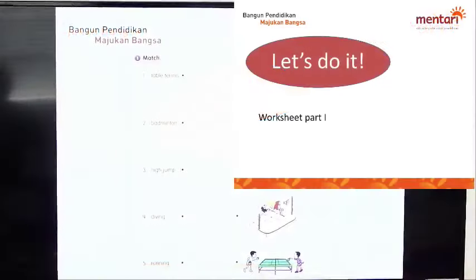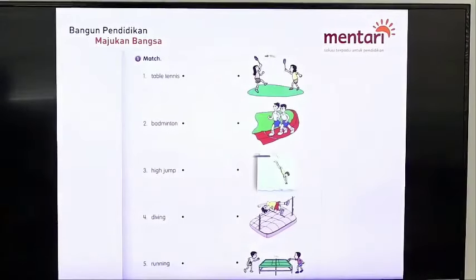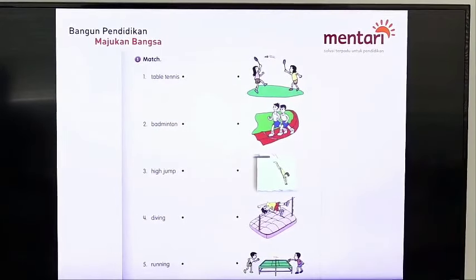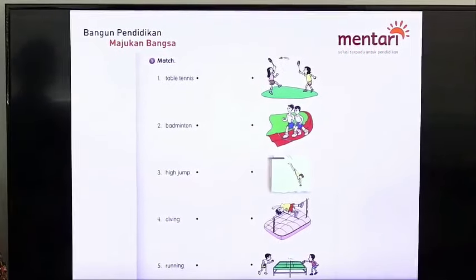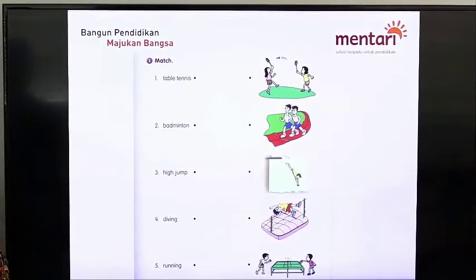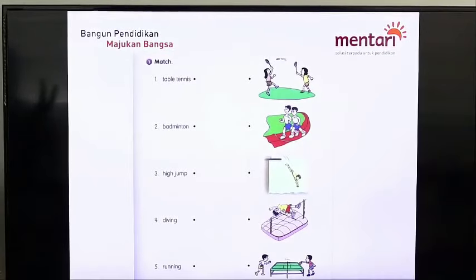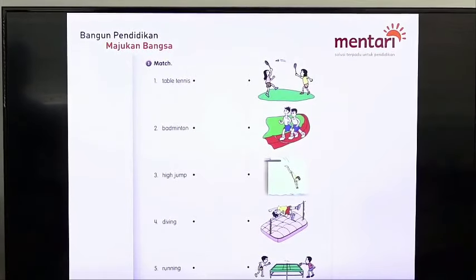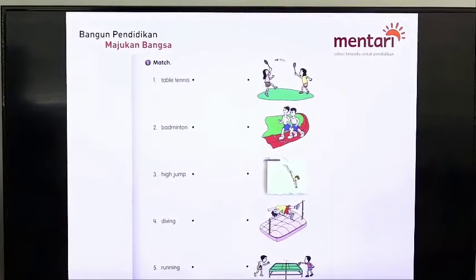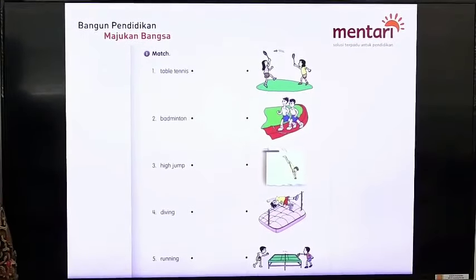You have to draw straight lines to the correct pictures. Does everyone understand? All right. I will give you 2 minutes to draw and decide which one is the correct answer. Your 2 minutes start from now.